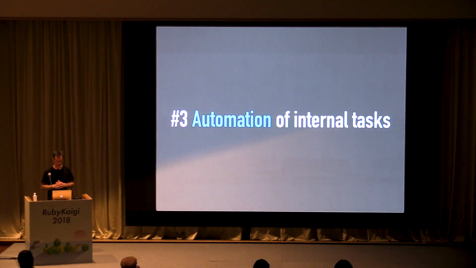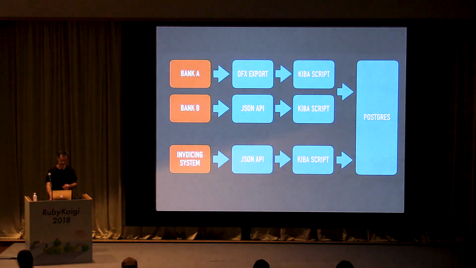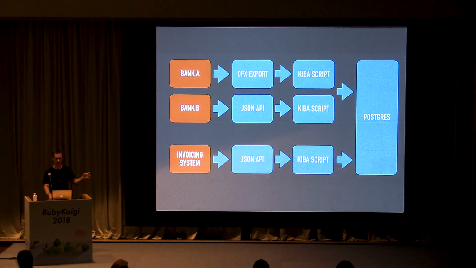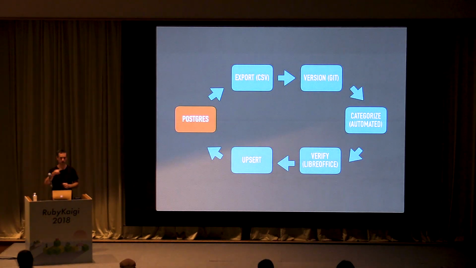The third one is automation of internal tasks. I'll go a bit quickly on that because it's a bit similar. You have banks, you get data from them in different formats. Maybe you have an invoicing system and you want to reconcile the whole thing. So this is also a good fit. And you can build a system where a part of the processing is done by a human.